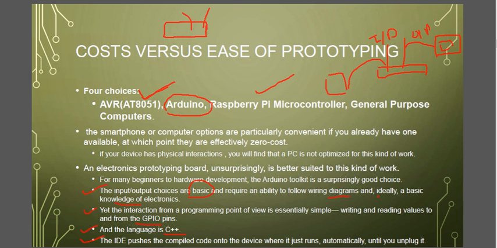Next point, the IDE, that is Integrated Development Environment, is the long form of IDE. It pushes the compiled code into the device, where it just runs automatically until you unplug it. For software development, an IDE is required.